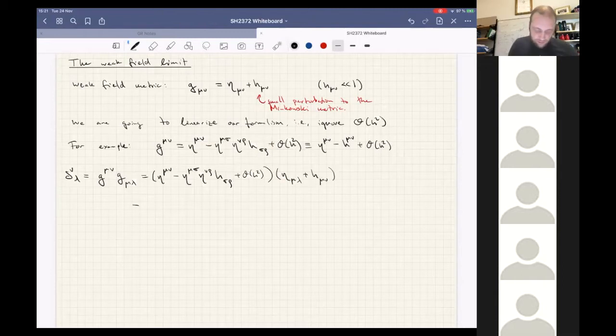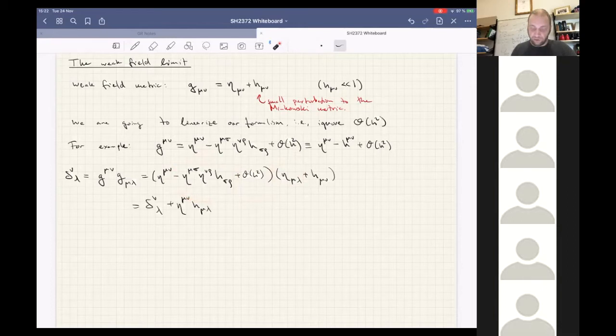Now eta multiplied by this is just going to be terms of linear order at maximum. So the first ones together, that's just delta nu lambda because of the properties of the Minkowski metric. And the second one is eta mu nu h mu lambda. For the second term here, when this multiplies anything that's there, this multiplied by this is linear in h.